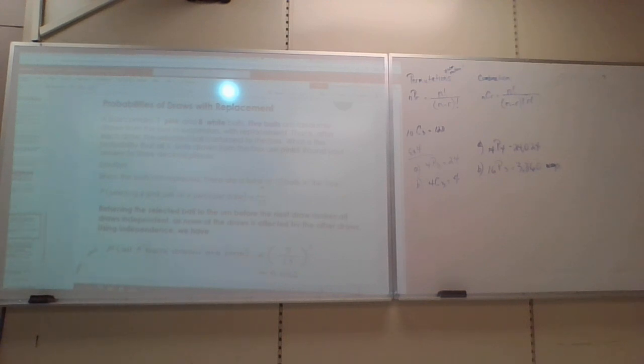I'm trying to figure out how to make it go up there.